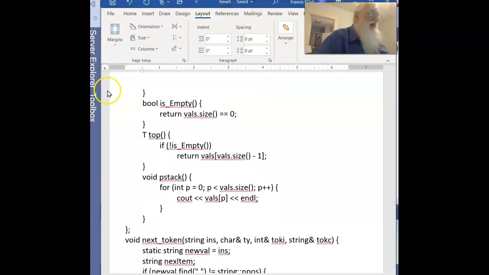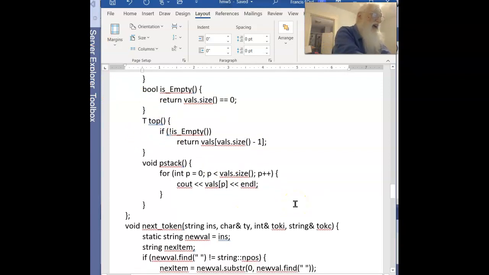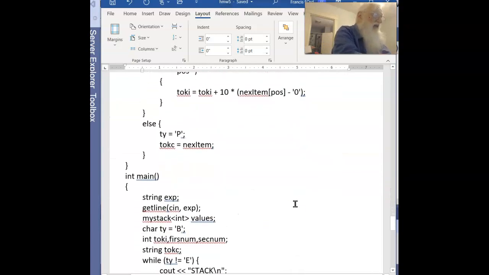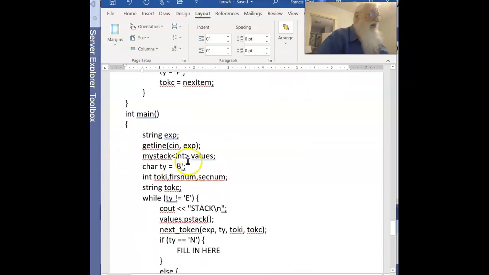No, top. Top returns a variable of type T. So that means that in the program, you will declare a MyStack of int. Int will take the place of T. That's it. That's what it will do.